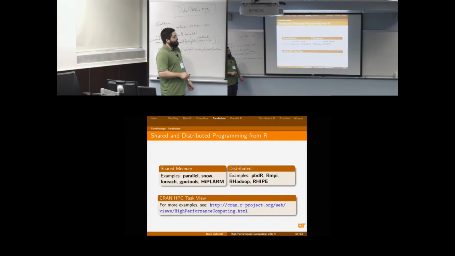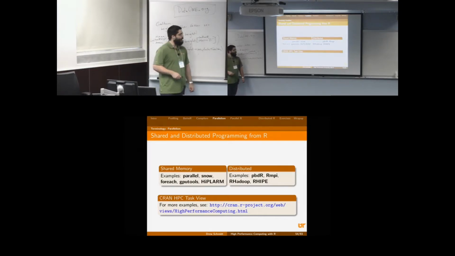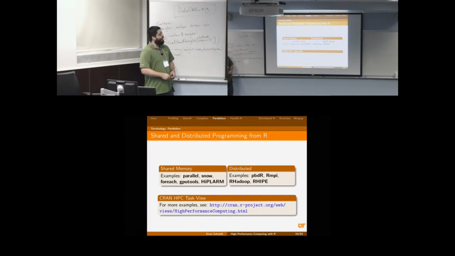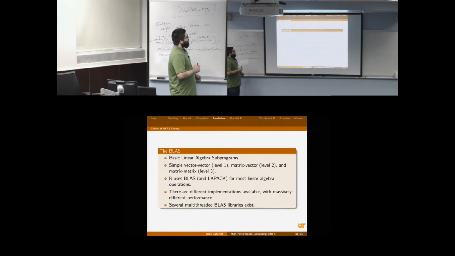Depending on your problem, Hadoop may be a good solution, may not be. We won't get into that. The CRAN HPC task view is very useful. If you check out the high performance computing task view, you'll see all the packages lumped into high performance computing. There are several hundred that I have not mentioned. So there's lots of good stuff there.